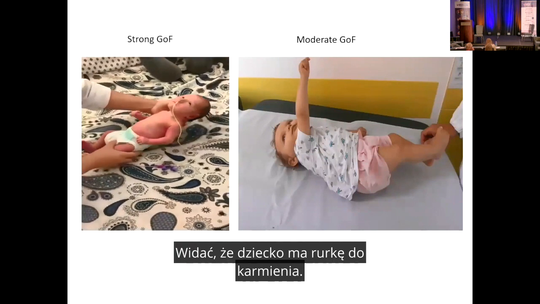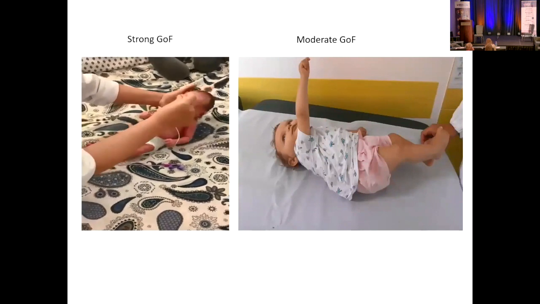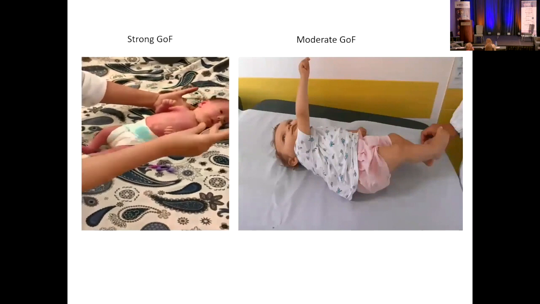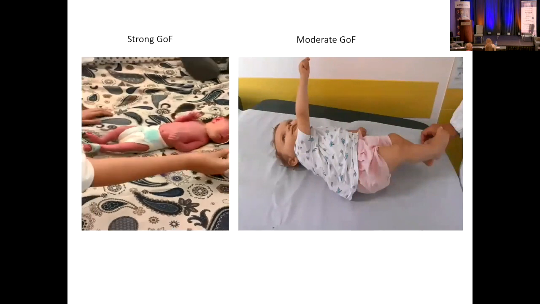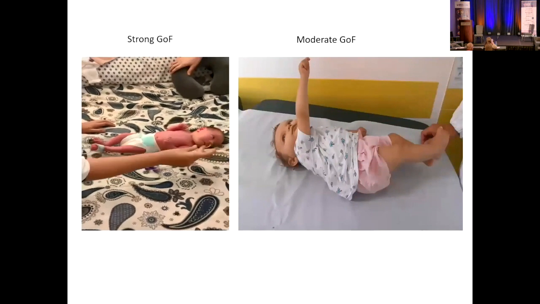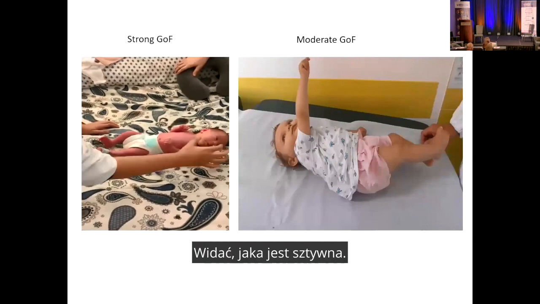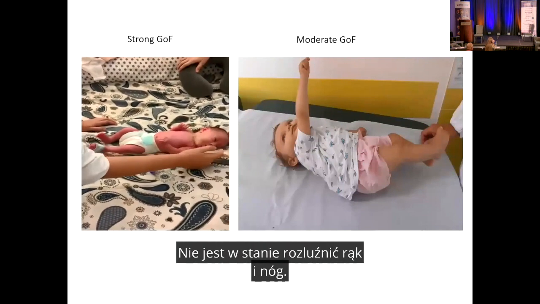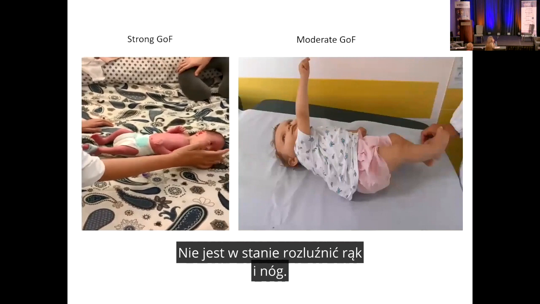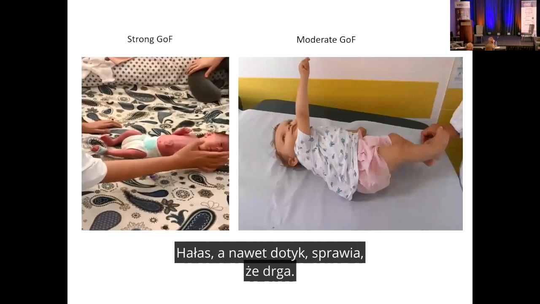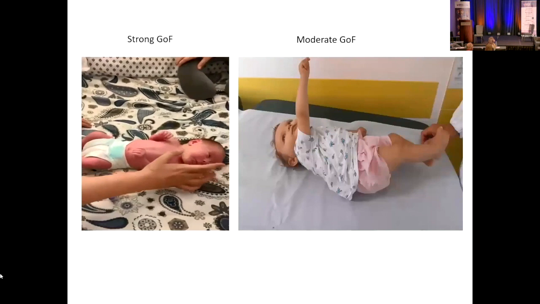You can see that the baby has a feeding tube. You can see how stiff she is. She's unable to relax her arms and her legs. Noise and even touch makes her twitch.